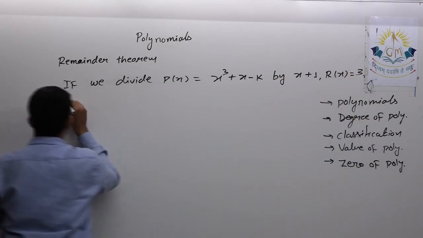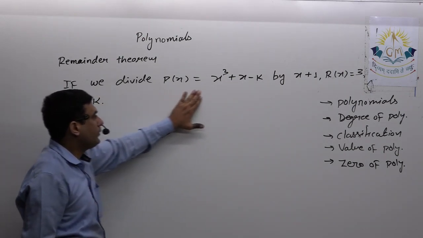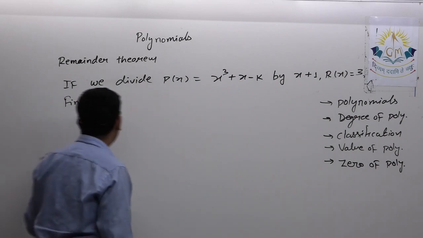Find k. If we divide p(x) equal to this by x plus 1, the remainder is 3, you have to find the value of k.